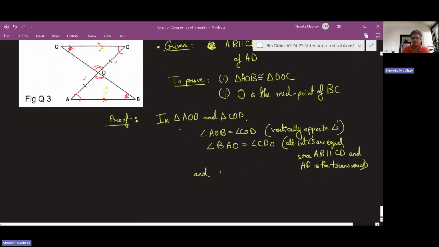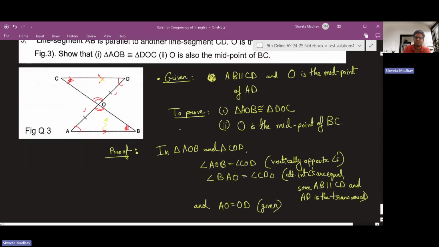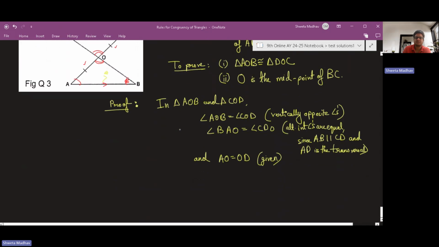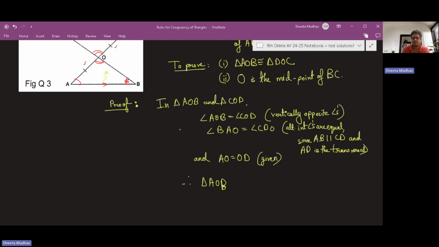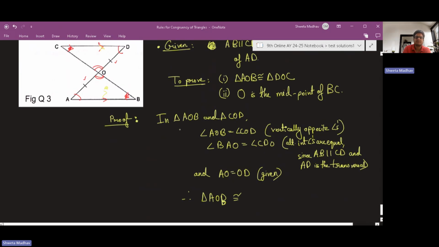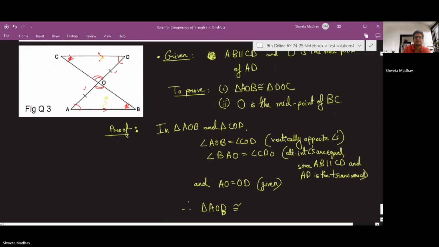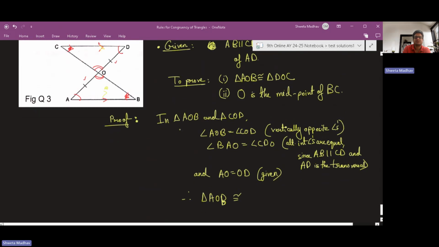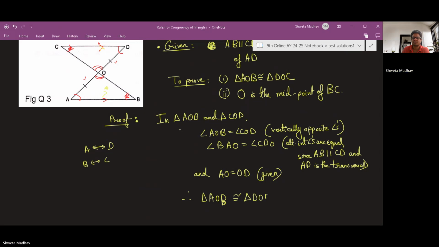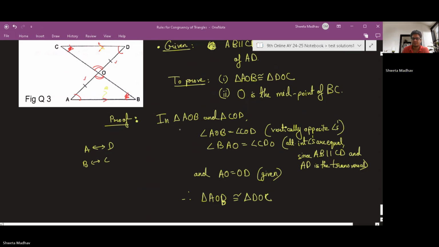And AO is equal to OD, since it is given that O is the midpoint of AD. So AO will obviously be equal to OD. Therefore triangle AOB will be congruent to triangle DOC, since here we can see that point A corresponds to D and B corresponds to C. So how?